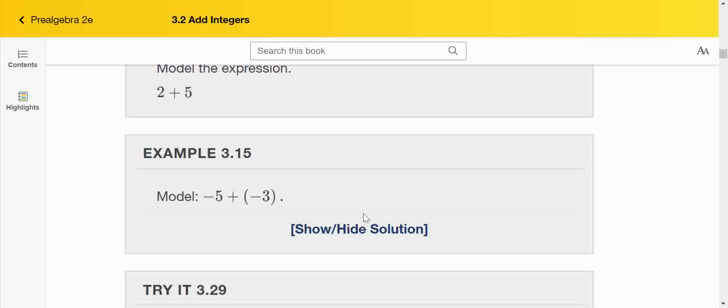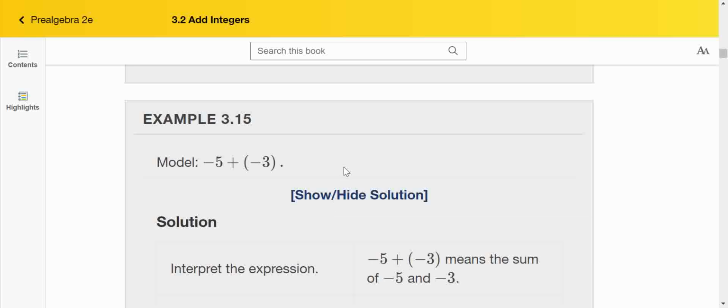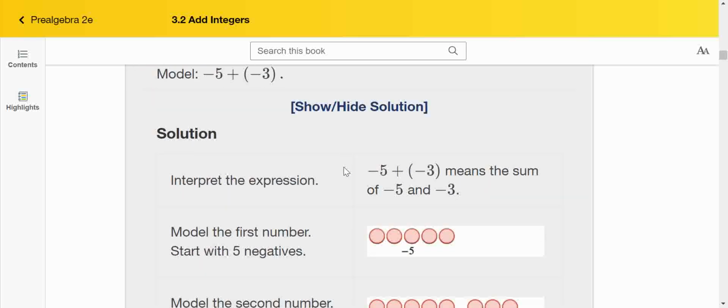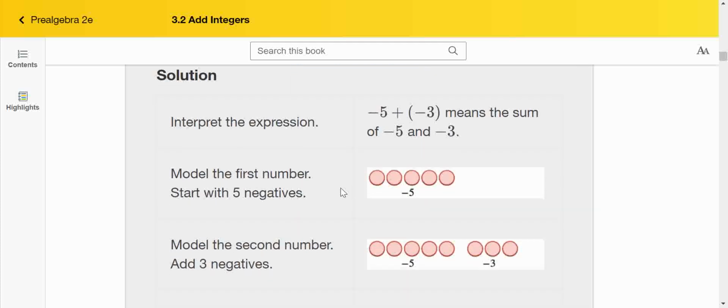Example 3.15, we are modeling -5 plus -3. Interpret the solution. So here, -5 plus -3 means the sum of -5 and -3. Model the first number. We start with 5 negatives. So here we have the red circles.